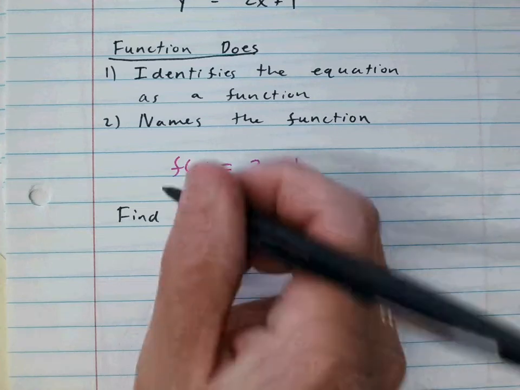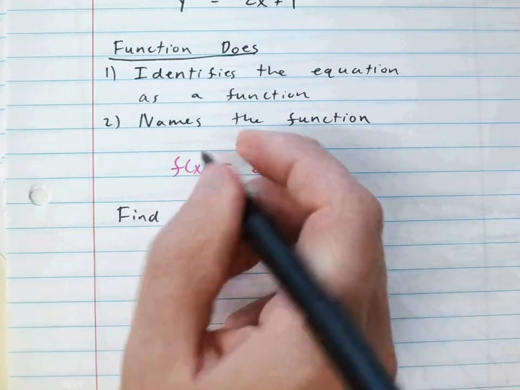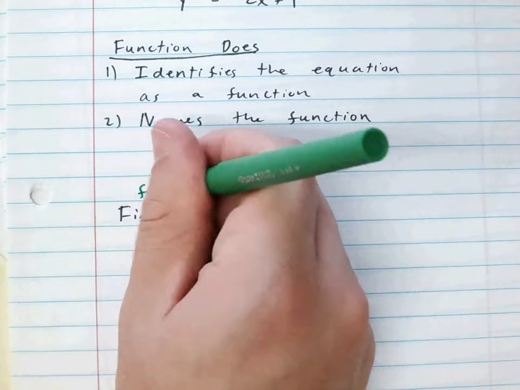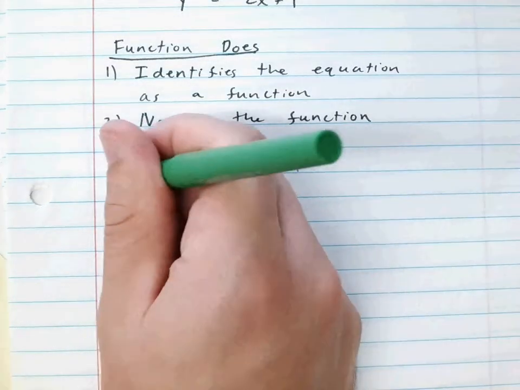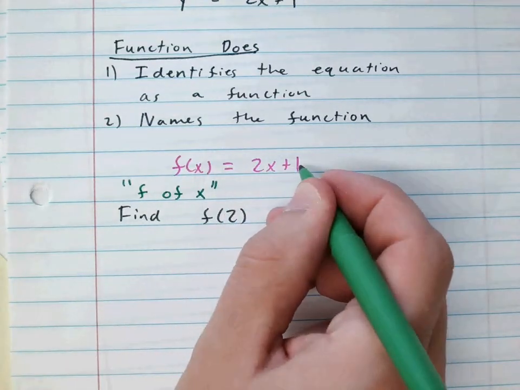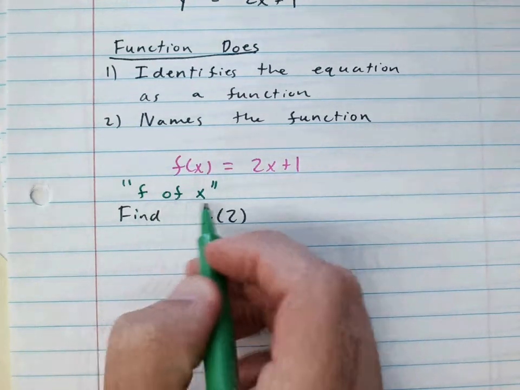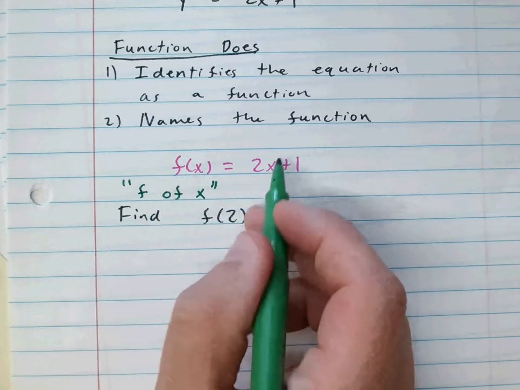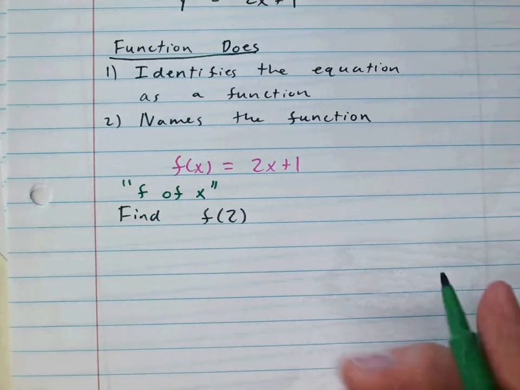This right here, f parentheses x, we read as f of x. That's how we say this. F of x equals 2x plus 1. Ultimately, what we're saying is f is the operation we are doing on the value of x.